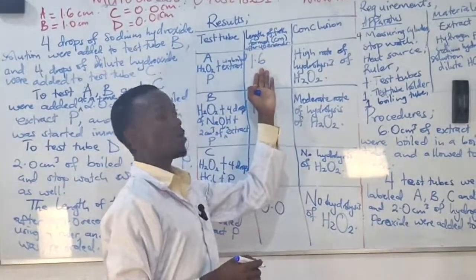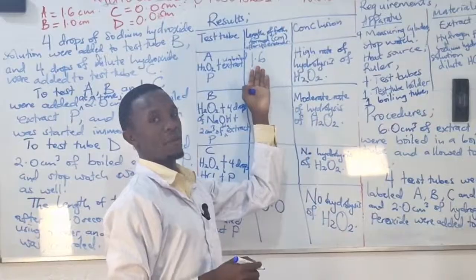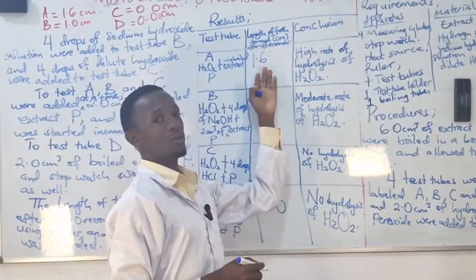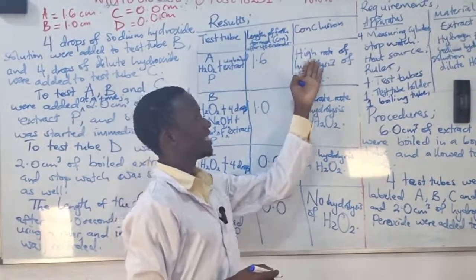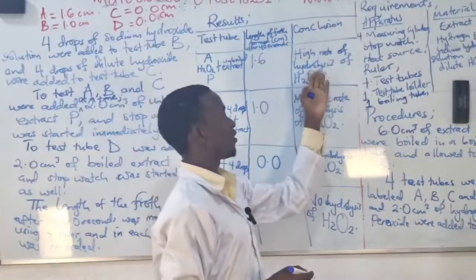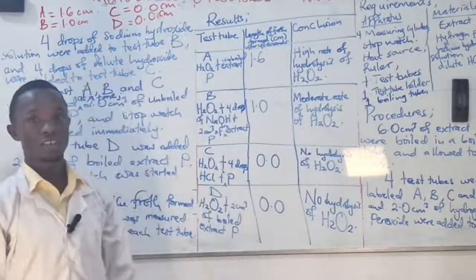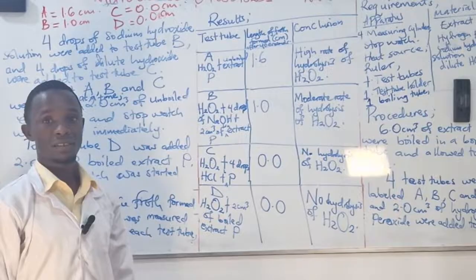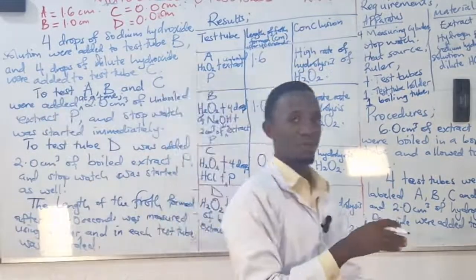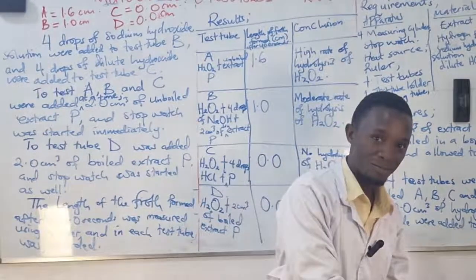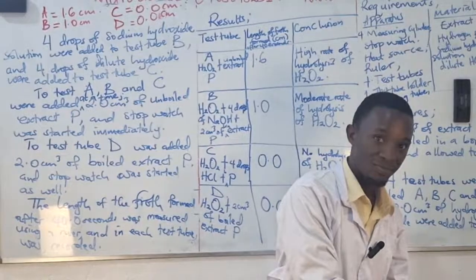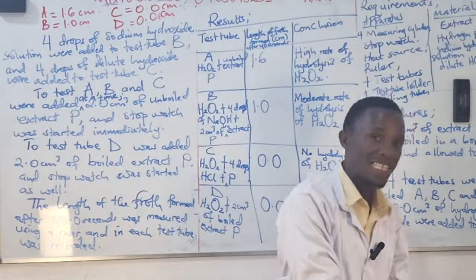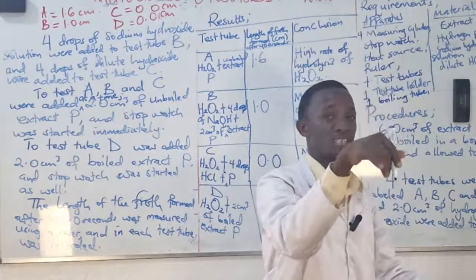So this is our conclusion. Obtaining a large amount of a froth or many bubbles or a high rate of formation of the bubbles is an indication of high rate of hydrolysis of hydrogen peroxide. I think you are now connecting to the explanation we are to have, and the recommendation as well.